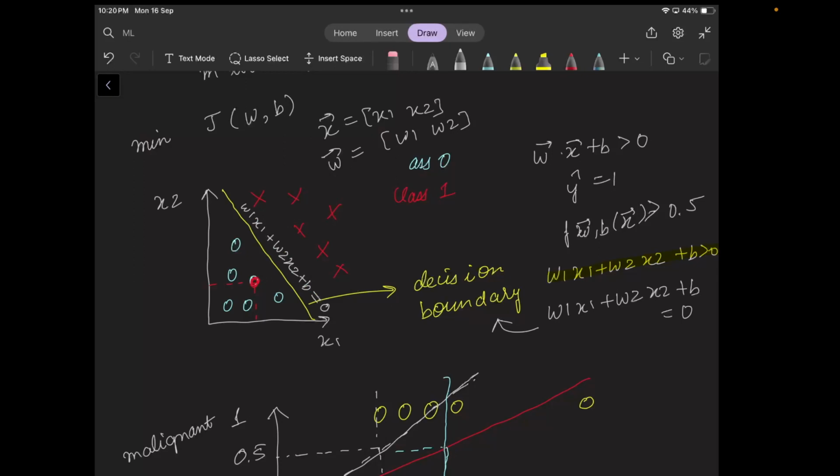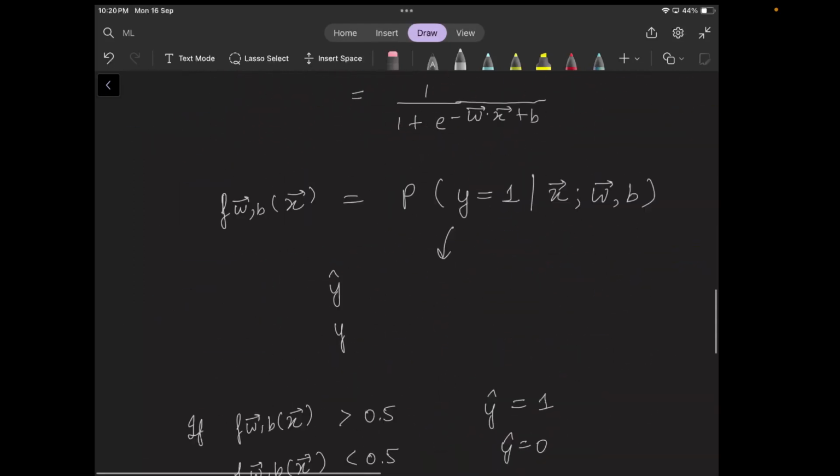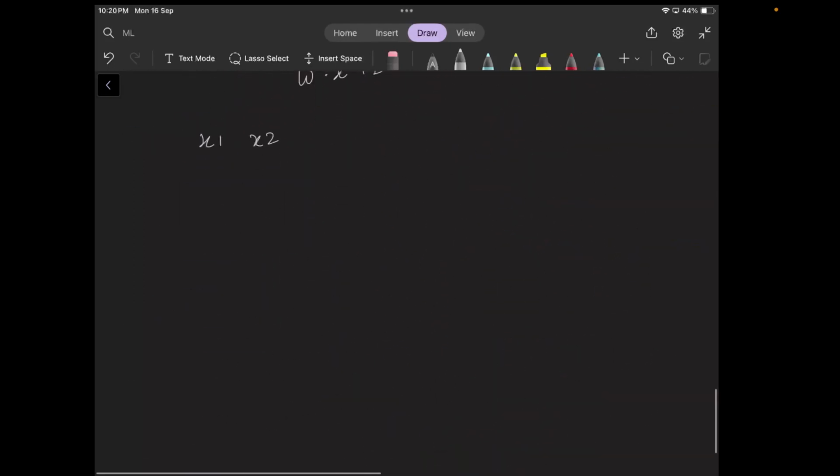And how would we get this w1 and w2 and b? What were we doing the last time? Yes, we had a cost function, and then used gradient descent to find w and b. In this case also we would have a cost function, and then we would use gradient descent to find w1, w2 and b, or basically the w vector and b.